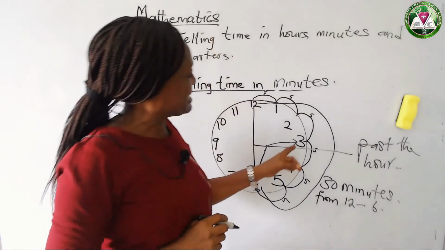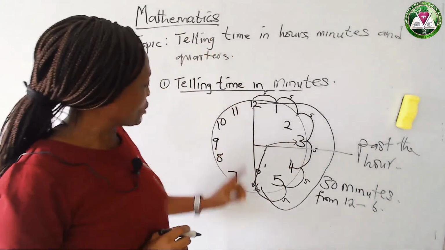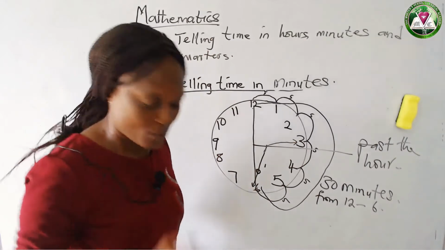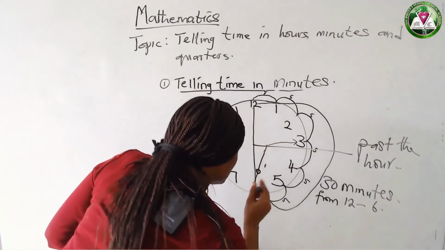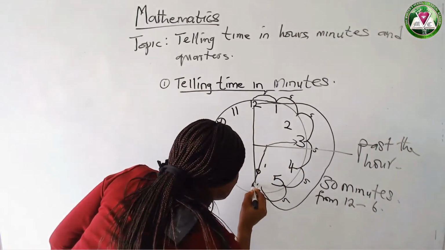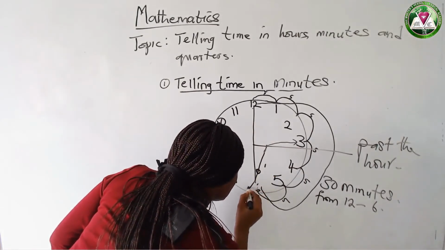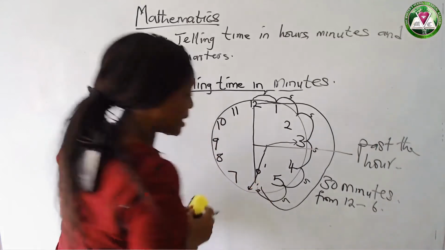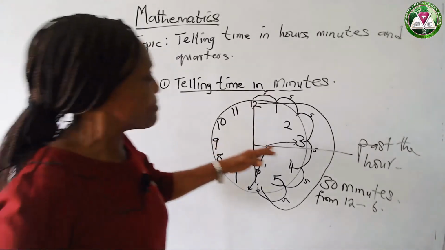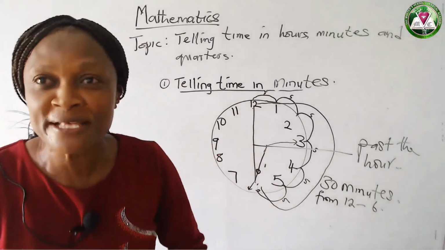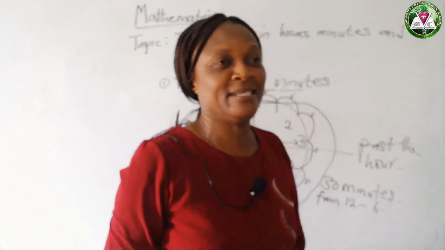When the long hand is at 3 and the short one is at 6. Yes, who can tell me what is the time? Ngozi? Good. The time is 15 minutes past 6.